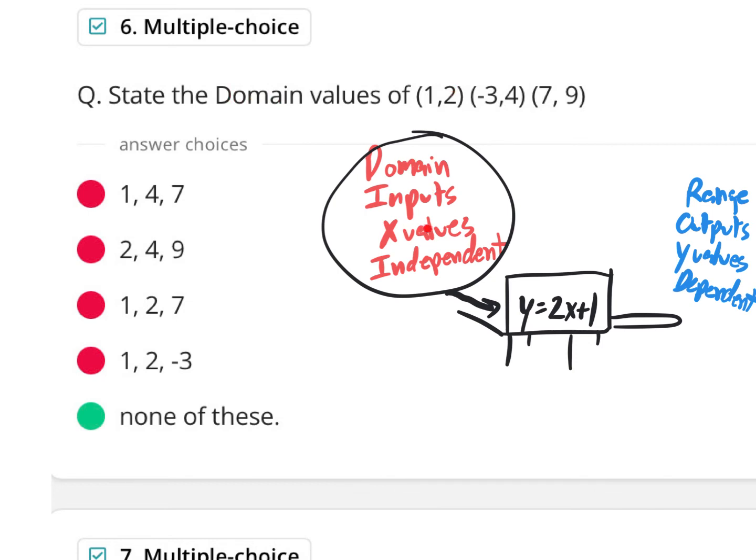They're your inputs. They're your x values. Where are the x values? Well, you have an x value right here, that's 1, an x value right there, -3, and an x value right there, 7. So the domain values would be 1, -3, 7. Those are your answers. As you can see, there is no 1, -3, 7, so none of these are correct.